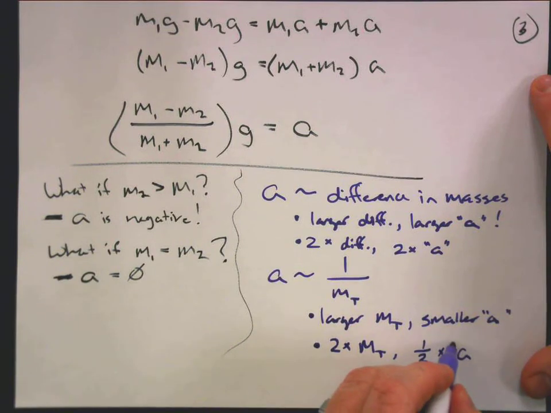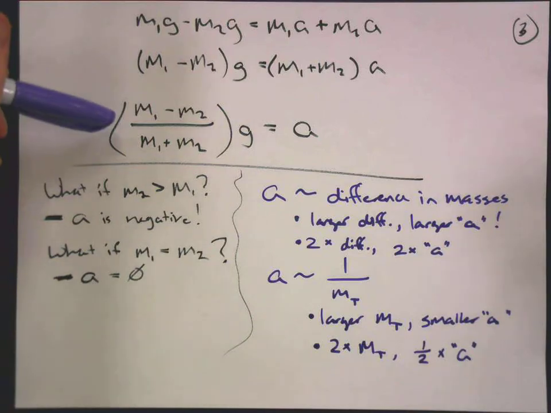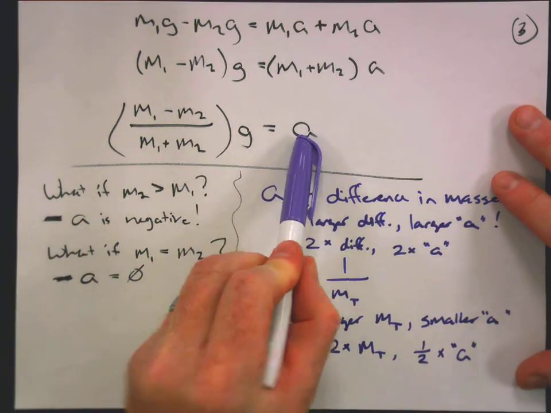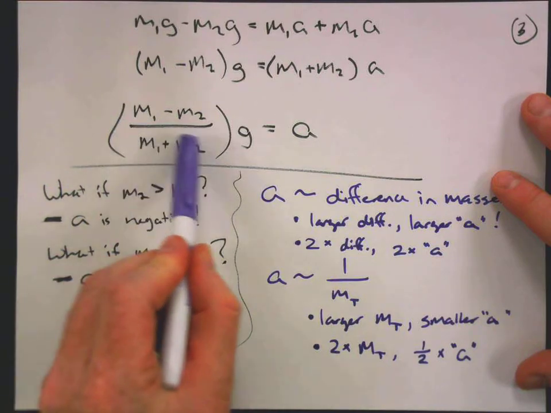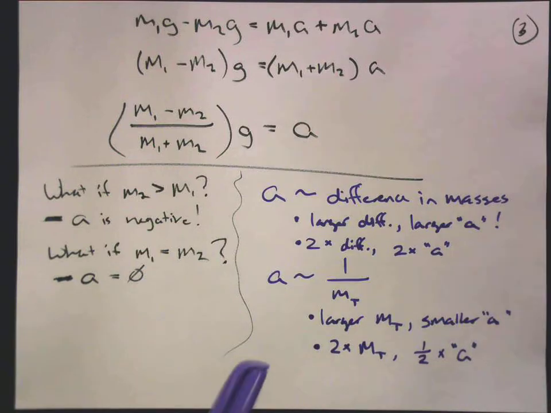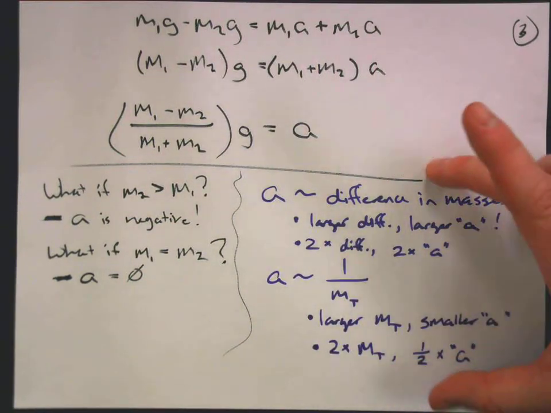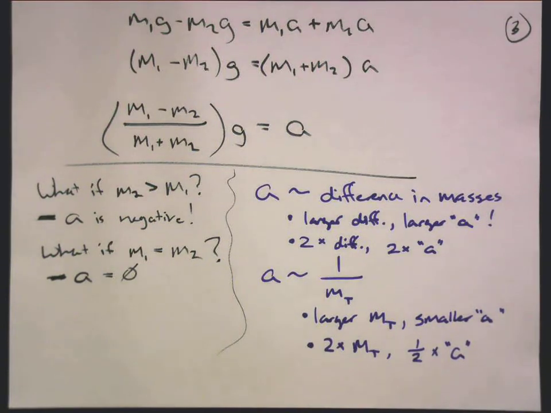You get half the acceleration that you had before. And so on. Real important relationships to understand from just looking at the equation. A is directly proportional to that difference, and it's directly proportional to the inverse of that sum, which is what we've said here. That way of looking at something like this, that way of looking at this mathematical relationship is powerful. You want to be mathematically minded and logically minded when you are dealing with these types of things.